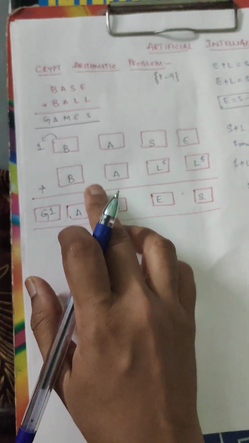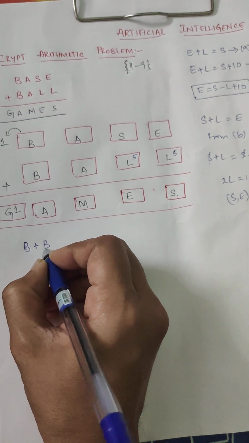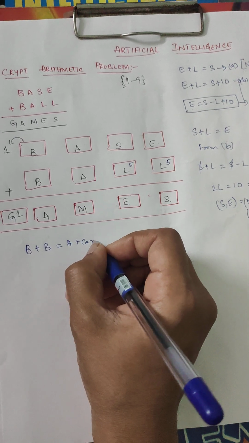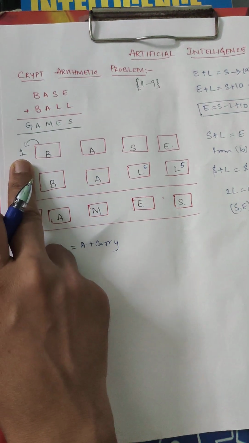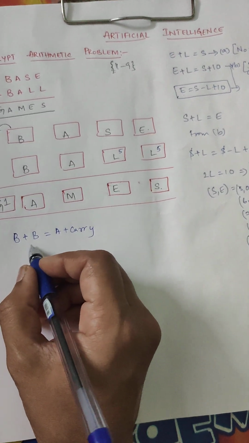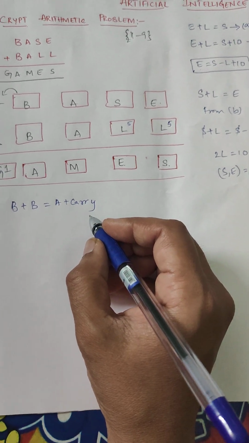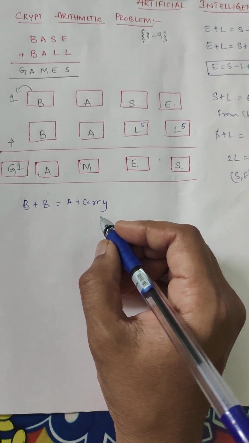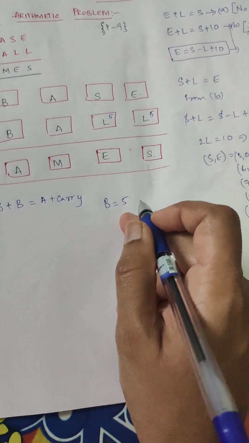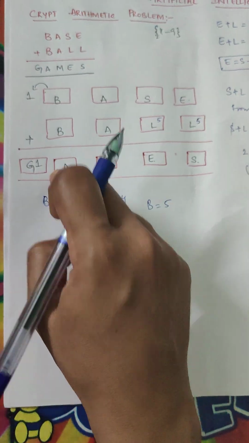Now let us look at the equation B plus B is equal to A, plus the carry that has been transferred back to here. Now we don't know the values of A and B. Let us assume the values of A and B now. B can be either 5, because it has the possibility of generating the carry as 5 plus 5 is 10, right?